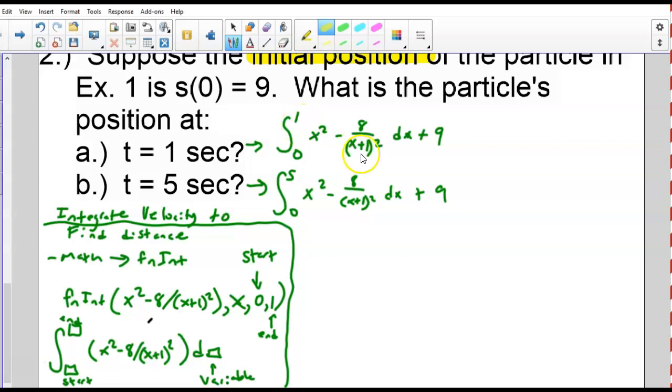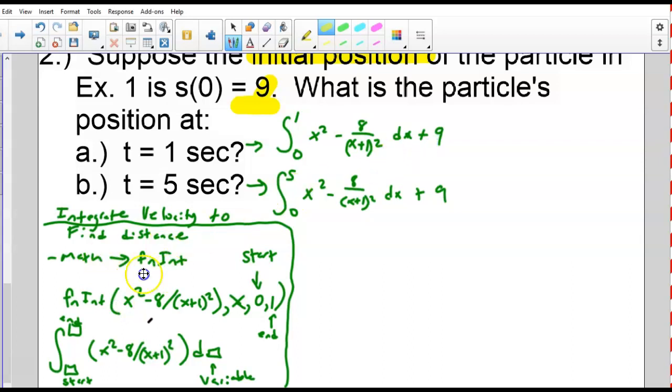And here's the equation: x squared minus 8 over x plus 1 squared dx. And we're going to go plus 9. The reason we're doing plus 9 is because we're changing the starting position. You understand? We're supposing or assuming that here's the starting position. You know what I mean? So we integrate this, then add 9 to that.